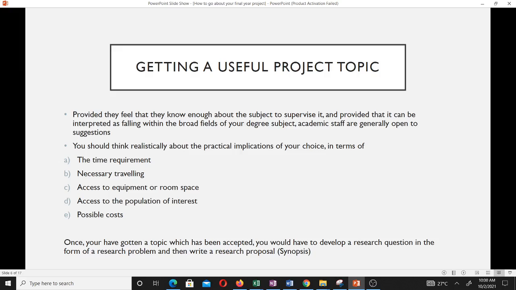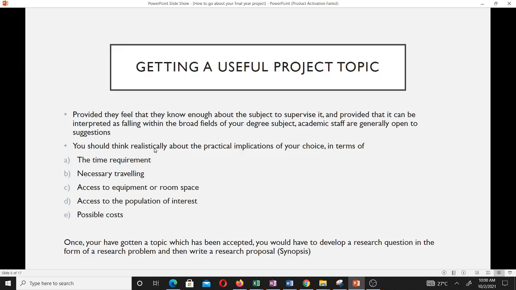So they will ask you to drop it. Sometimes it could be that their depth of knowledge in that field is not really that strong, so they can't supervise you. So they can tell you to change it or go to a different person who can help supervise you in that field.